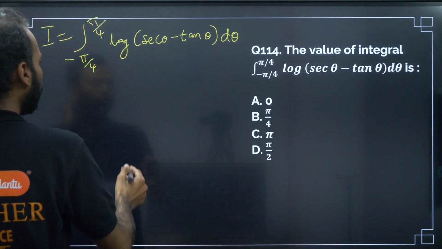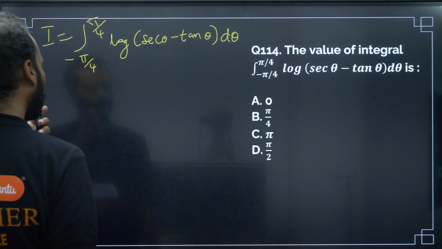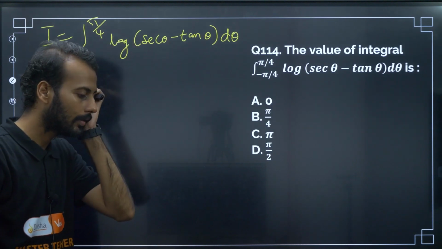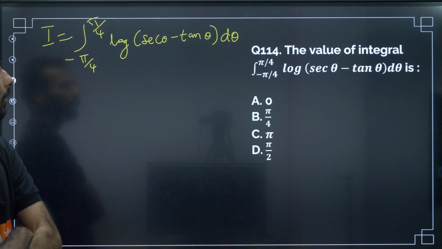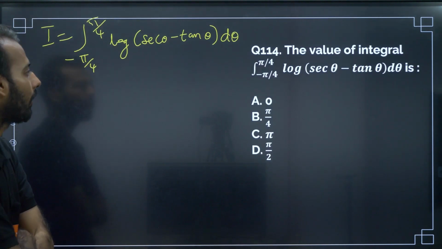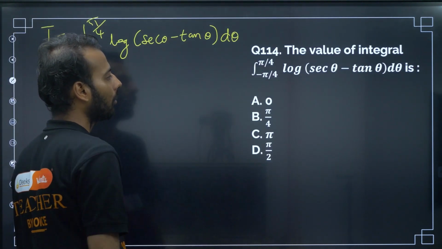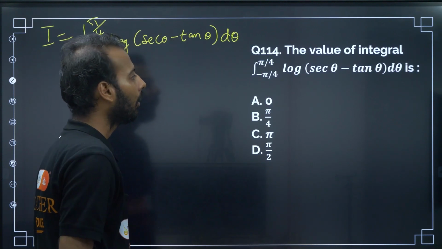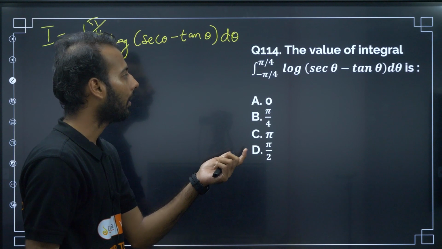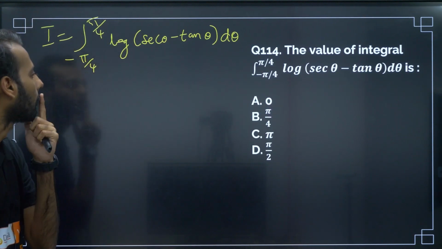We are supposed to find the value of this. For finding the value, you have to remember one property of definite integrals. Here limits are also given, which means a definite integral property. That property I will write here. Try to recall that property and use it to solve this problem.